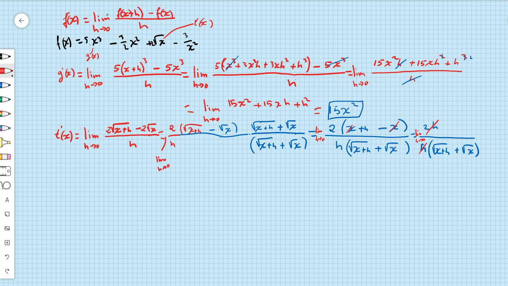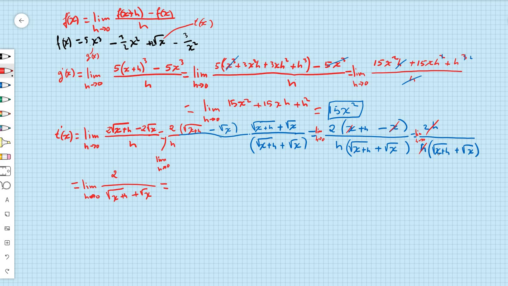Alright, so our final result will be, what? Limit when h goes to 0 of, we'll have 2 left at the top, and remember here we'll also have what? The square root of x plus h plus square root of x, right?